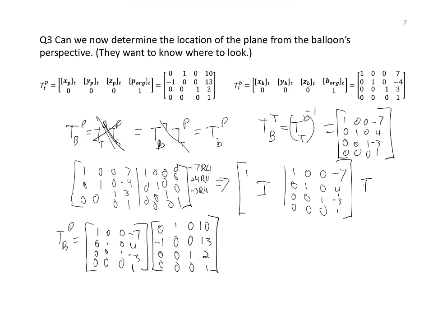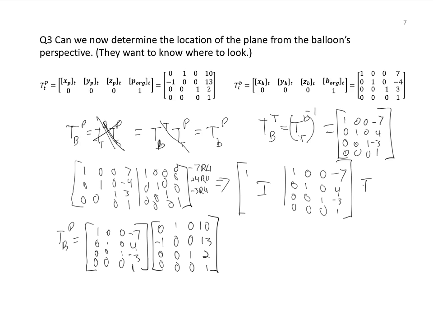When I start multiplying vectors on this side, I can take coordinates from the plane's perspective, this matrix will move them to the tower's perspective, and then this one will take them from the tower's perspective and move them to the balloon's perspective. So I would have moved a vector that was in the plane's perspective all the way to the balloon's perspective.